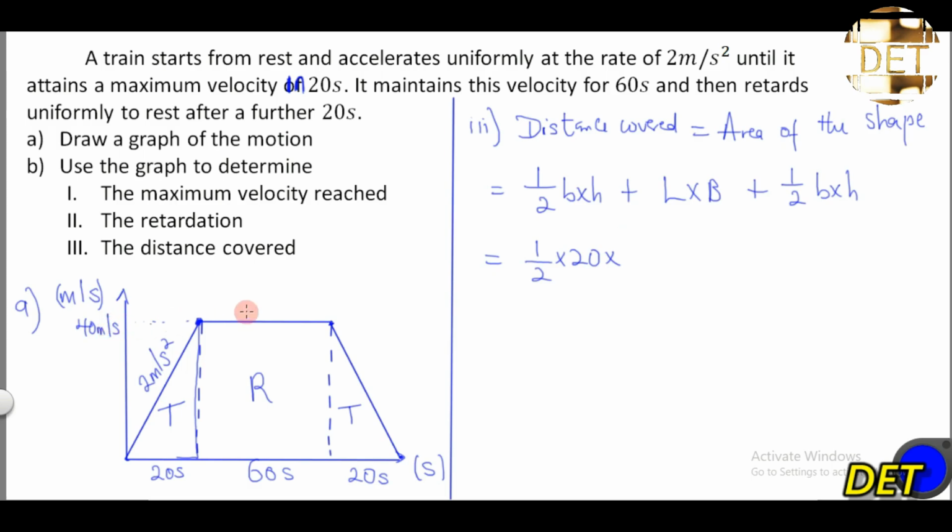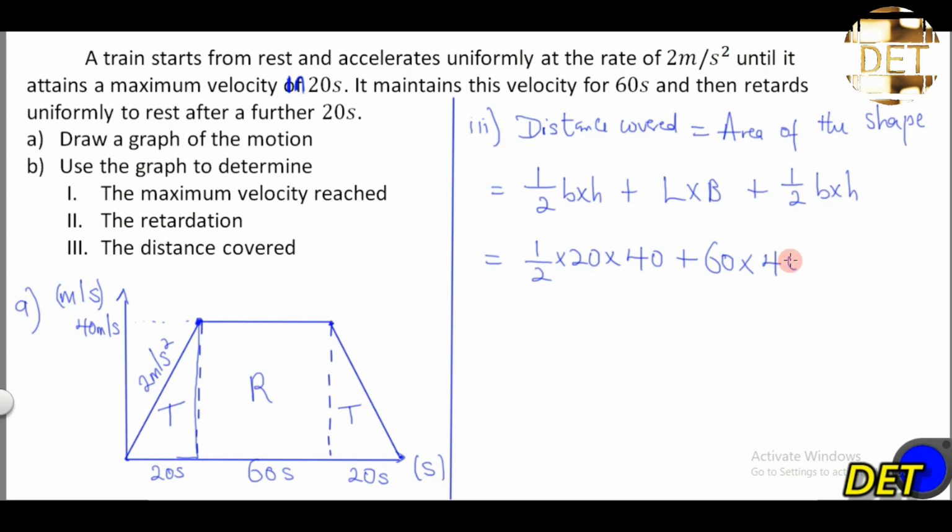That's our velocity, so that's times 40, plus the length of this rectangle, which is from here to here, 60 seconds, times the breadth, which is from here to here, and that is 40.